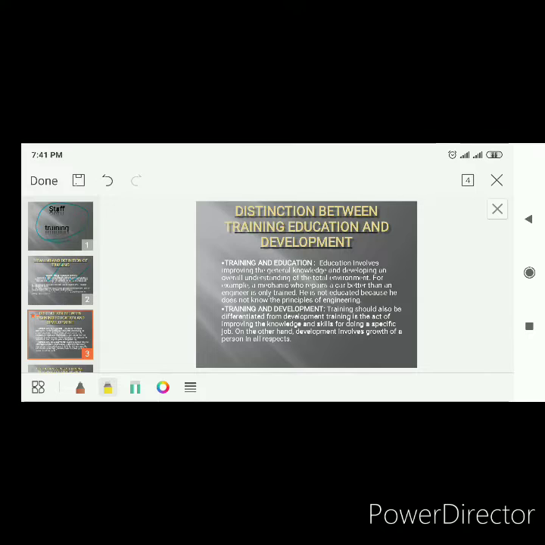For example, a mechanic who repairs a car better than an engineer is only trained. He's not educated, he's been trained as to how to do his work. Therefore, the scope of education is wider than that of training. Understood? We'll be having it in the form of a difference chart. You will be studying it after this.